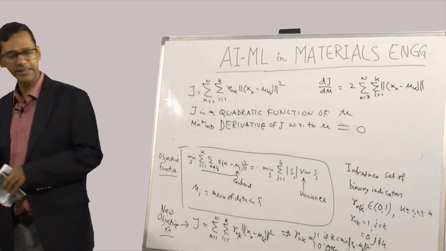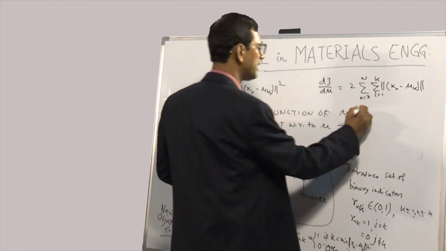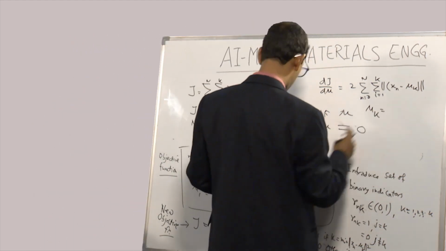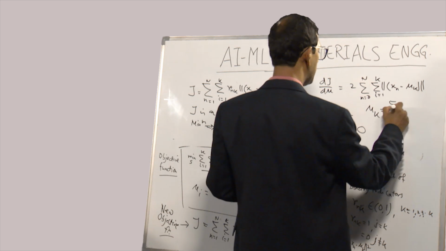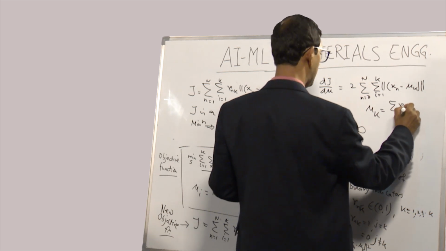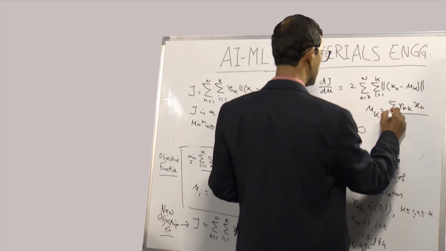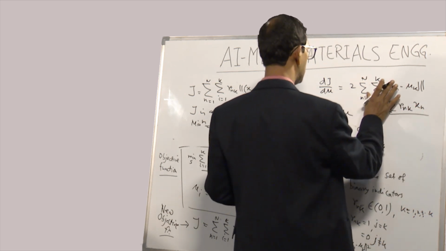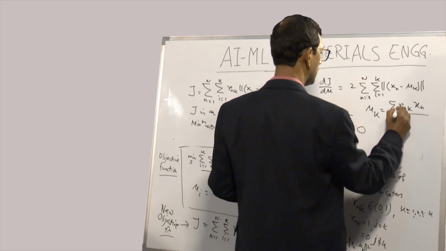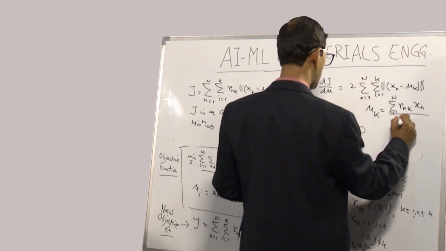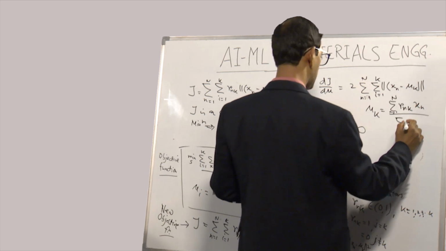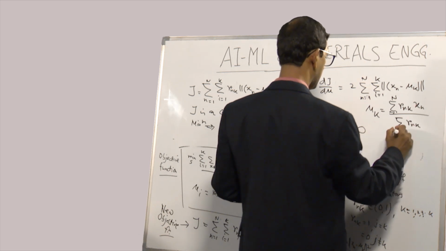So, what will be mu_k then? mu_k can be obtained very easily by this expression: the summation over n from 1 to N of r_nk x_n, divided by the summation of r_nk.